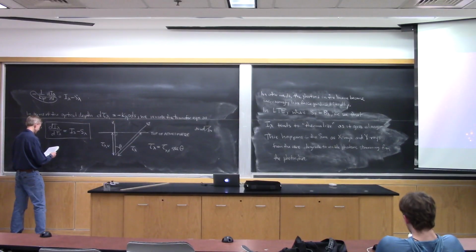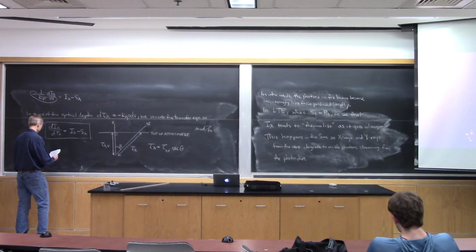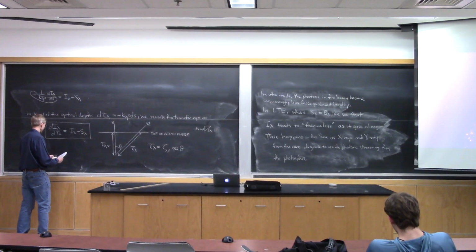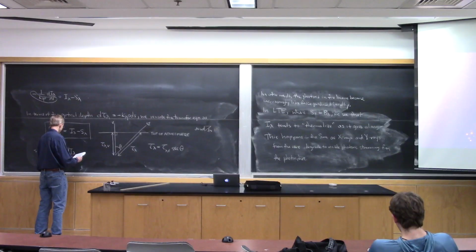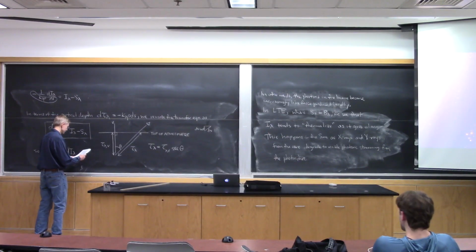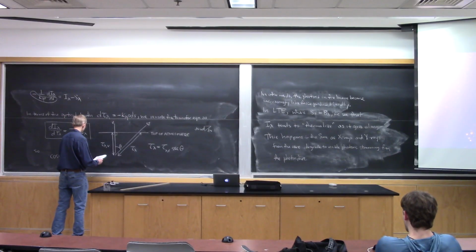So we can say that cosine of theta times dI lambda over d tau lambda vertical is equal to I lambda minus S lambda.